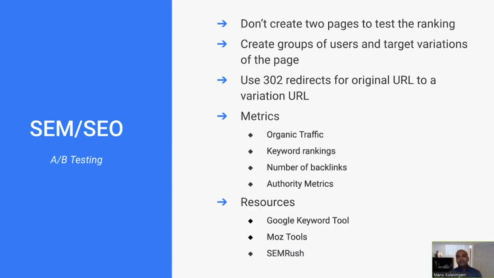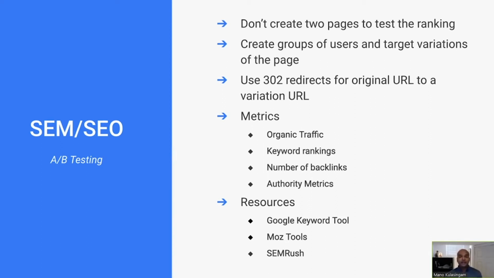I would say for SEO, don't create two different pages that you want to test the ranking on. I think that'll actually give you a negative impact on ranking. The recommended way to do it is to create groups of users and target them with different variations of the same page.